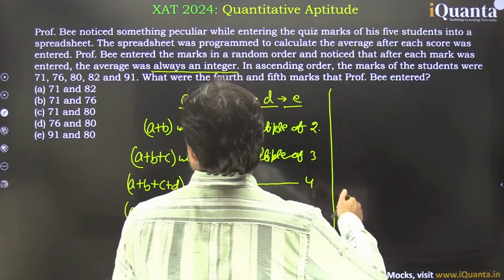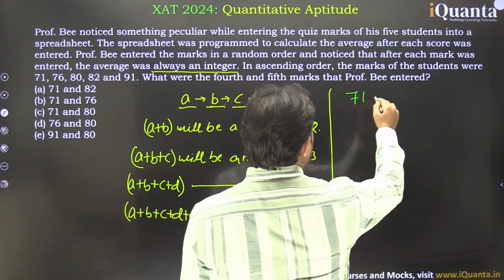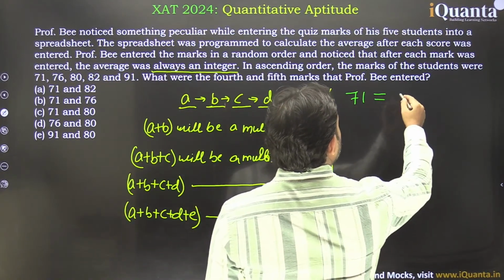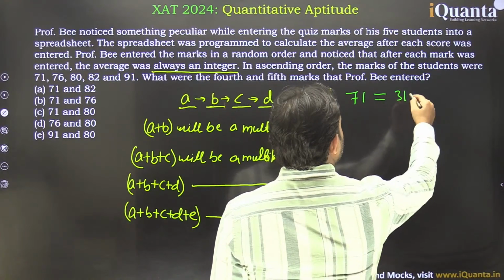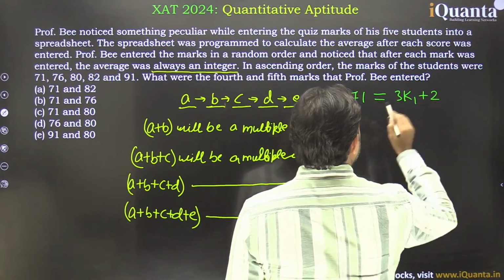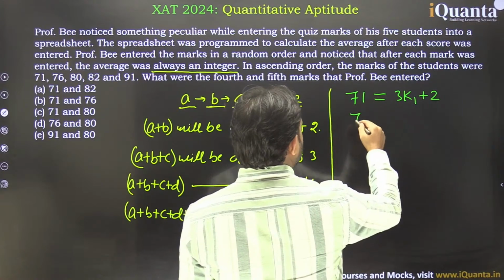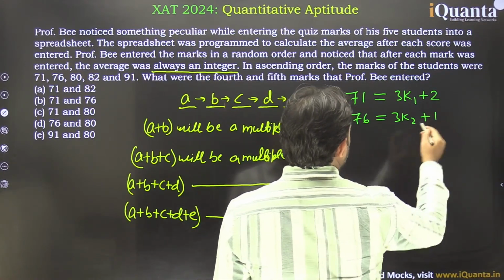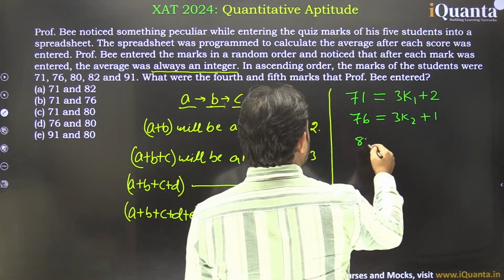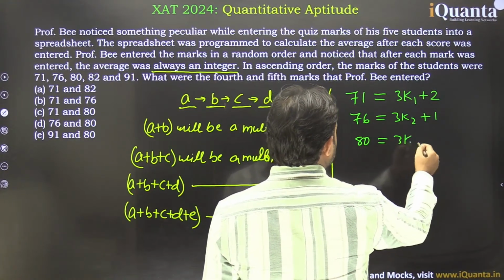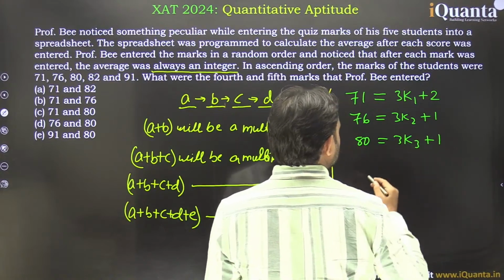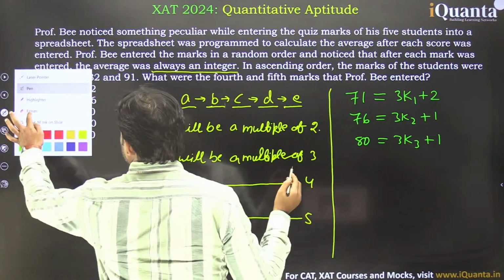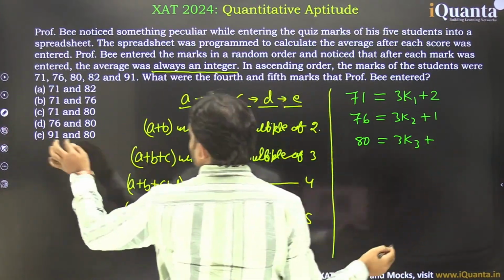Let's see. 71 can be written as 3k1 plus 2. Then 76 can be written as 3k2 plus 1. 80 can be written as 3k3 plus 2.